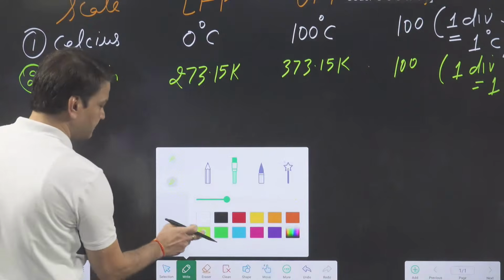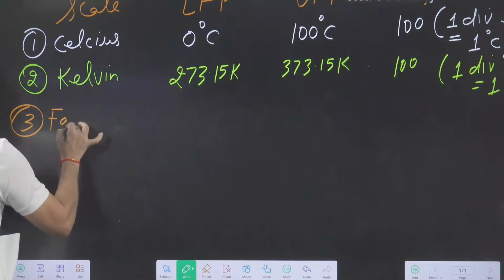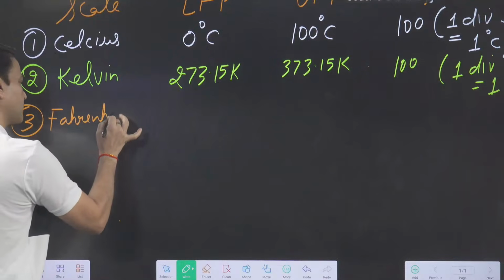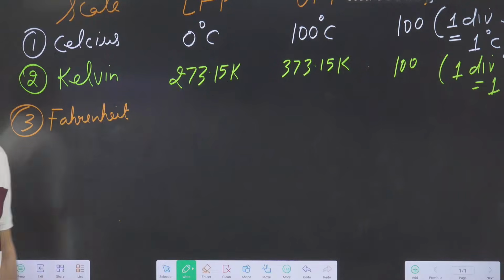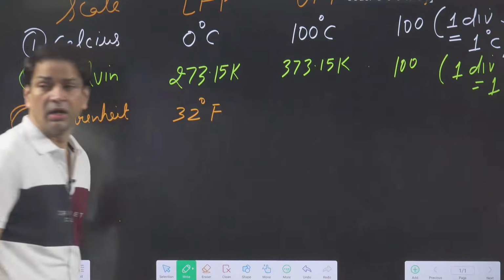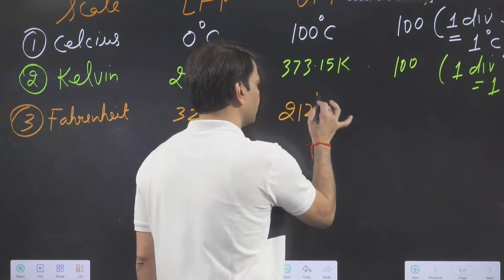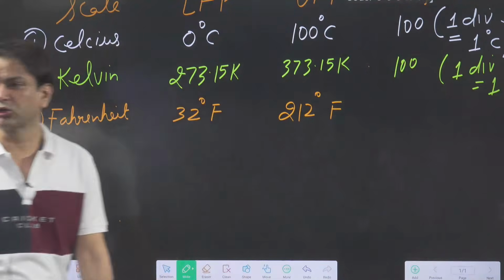Next one is Fahrenheit. What is the lower fixed point of the Fahrenheit scale? It is 32 degree F. What is the upper fixed point? 212 degree F. And what is the total number of divisions?